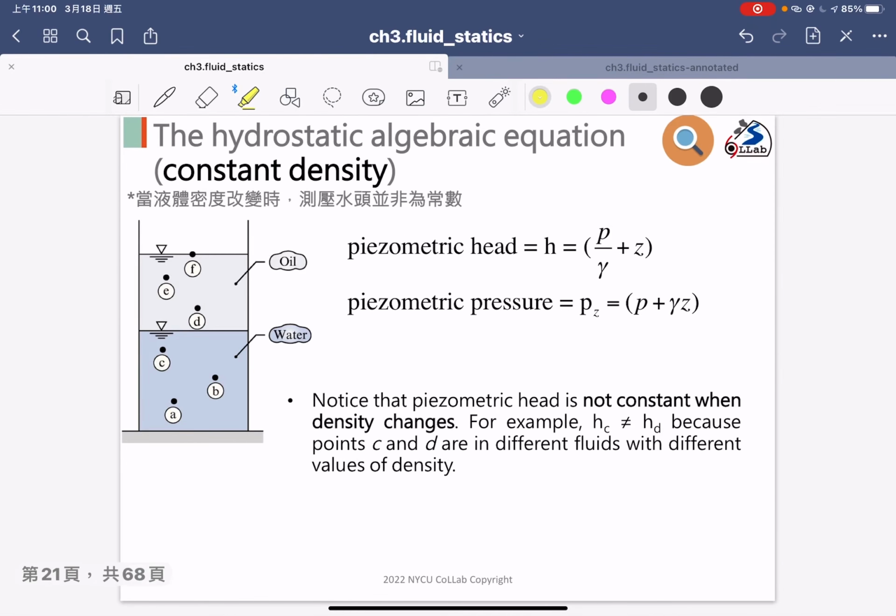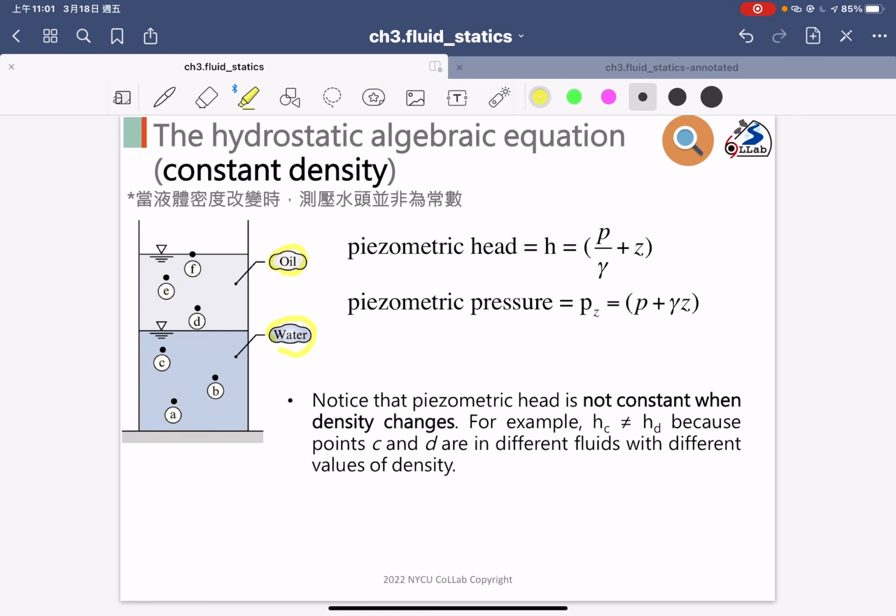The figure shown here has two different fluids. The upper one is oil and the bottom is water. Three points E, F, D are located in the oil, and the three points C, A, B are located in the water.